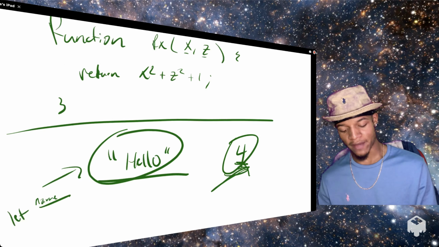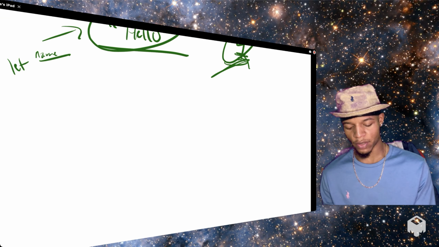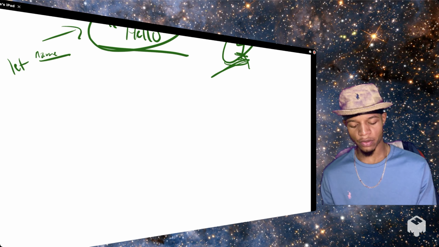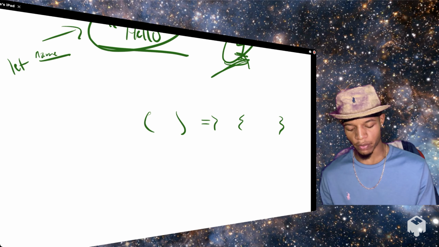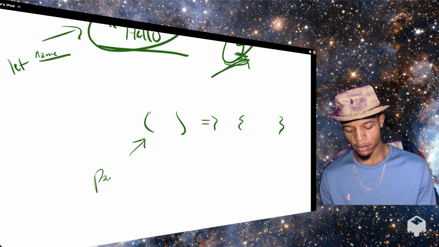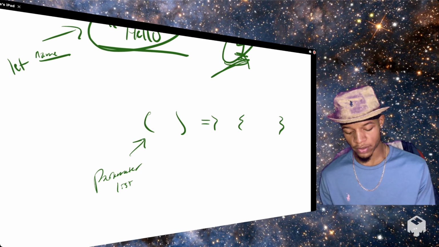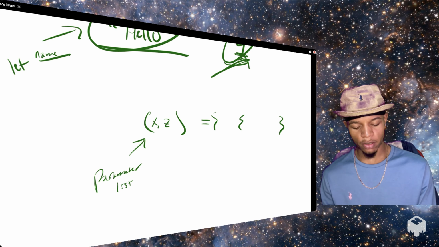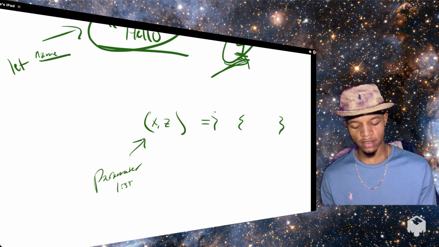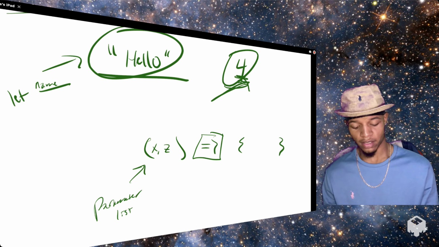So we can also have anonymous functions, and the way that we create anonymous functions is this way. It's this arrow syntax. You can see the parameter list right here, the list of parameters, which was x and z. And then this arrow is kind of like just saying equal.